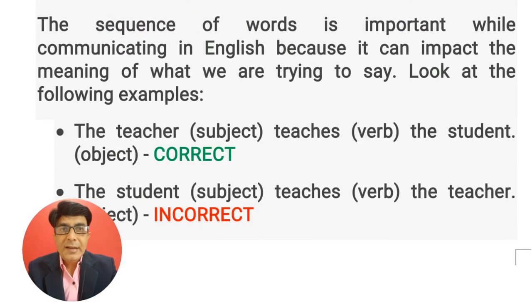Now friends, let's take this example. The teacher teaches the student. Okay, now it is a correct sentence, but if you change the order of the words in this sentence, the student teaches the teacher.